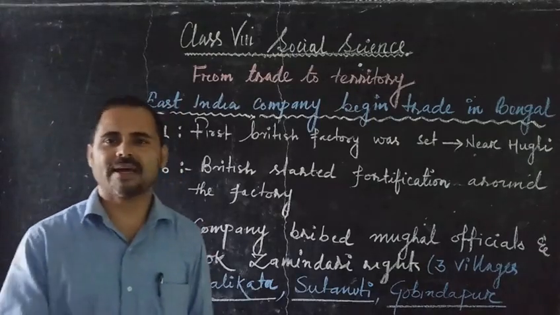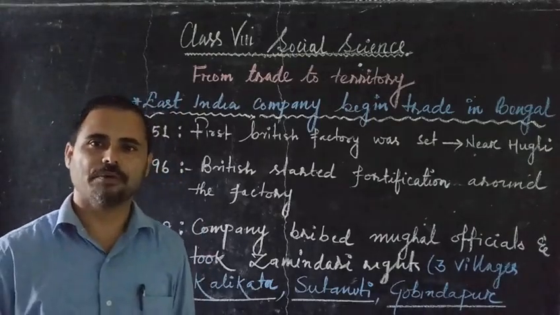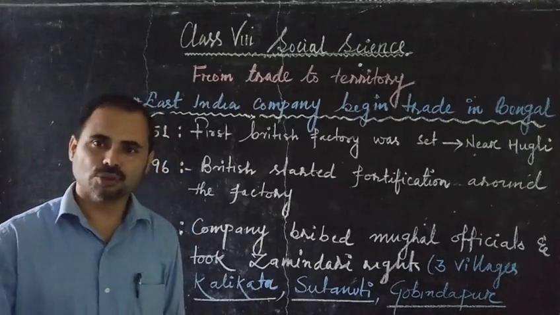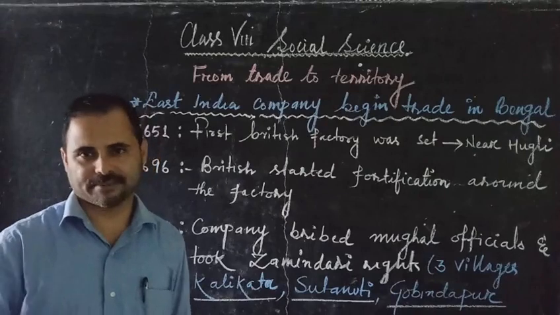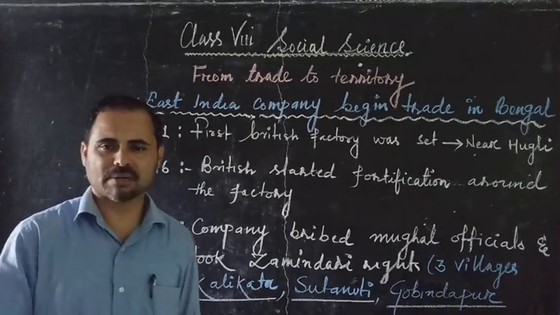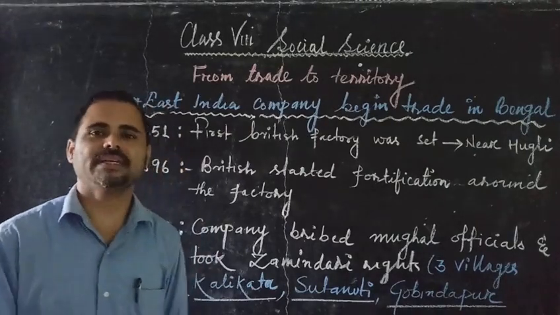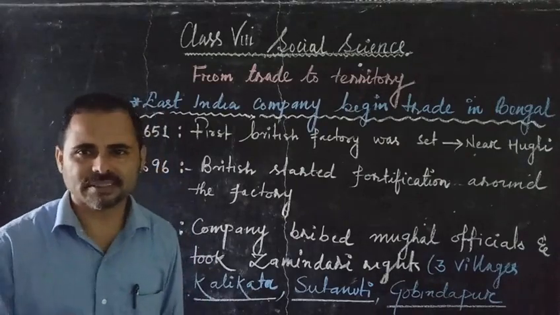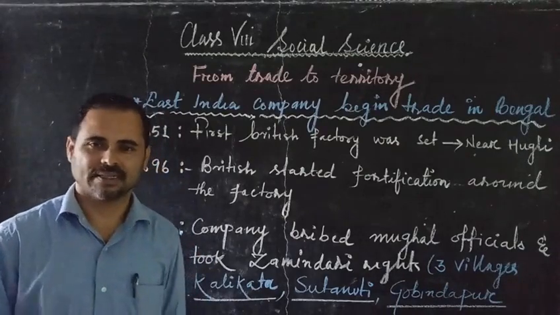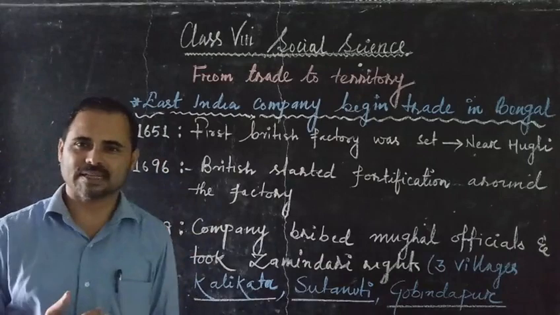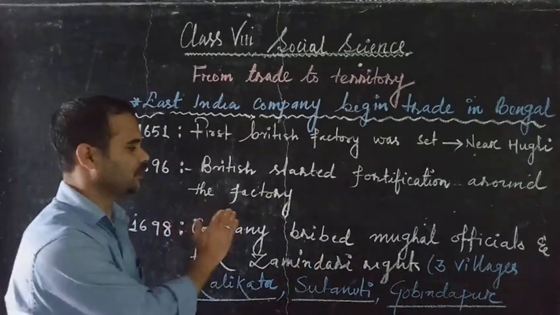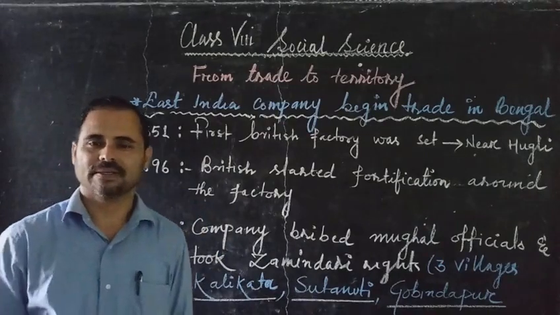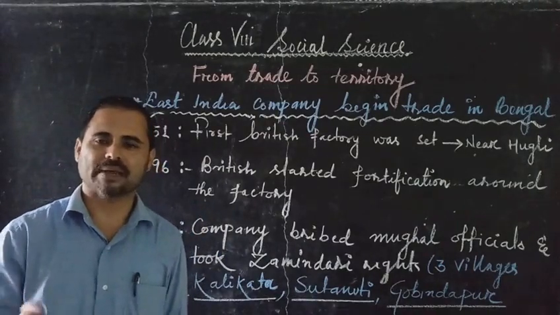This farman was given by Aurangzeb to the company to do duty-free trade. But the company started to take lots of advantages out of it, like the establishment of factories. Okay, there is no problem, but again this fortification was not liked by the Nawabs of Bengal.